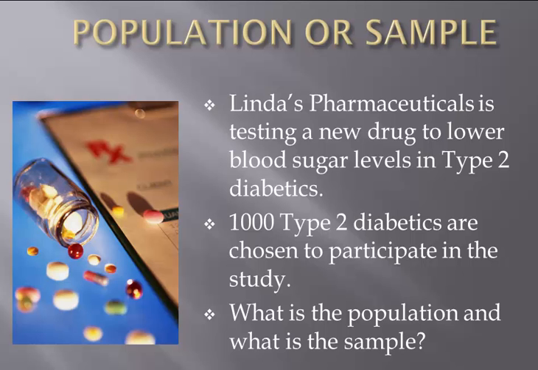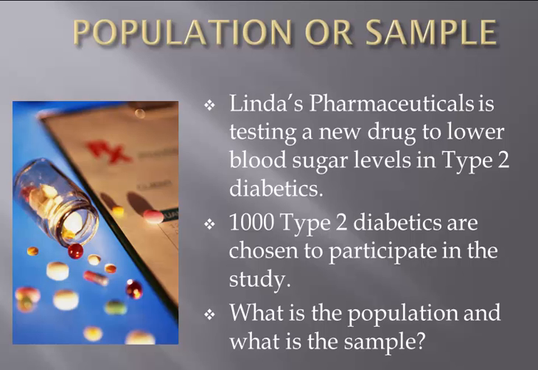We would be giving some of our people the actual medication, and some of the participants would actually get a placebo, which is a pill that looks like the regular drug but is harmless, does nothing. So in this particular study, 1,000 type 2 diabetics are chosen to participate in the study. So the question is, what is the population and what is the sample?